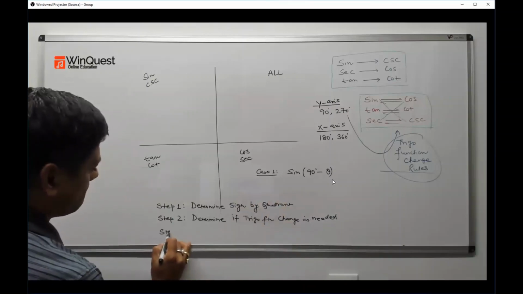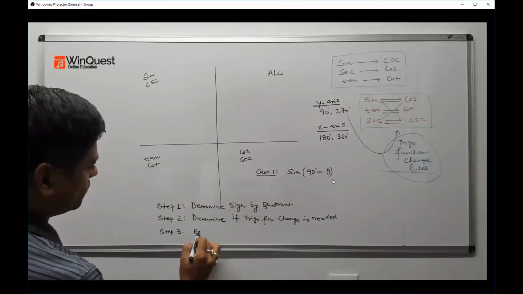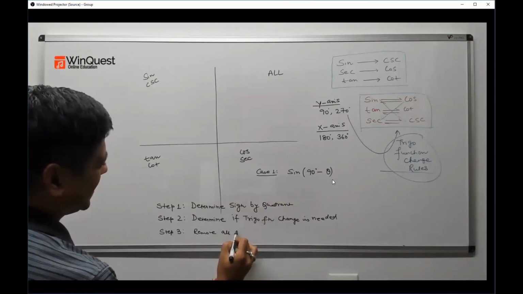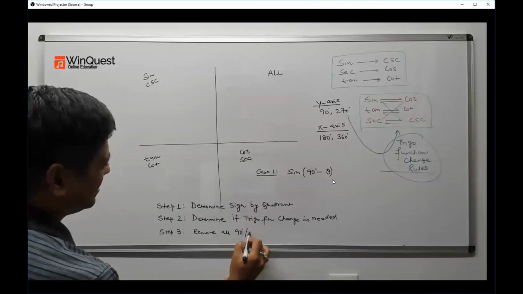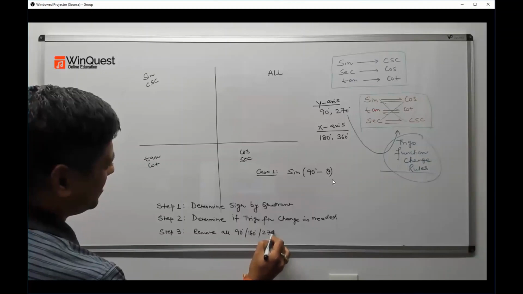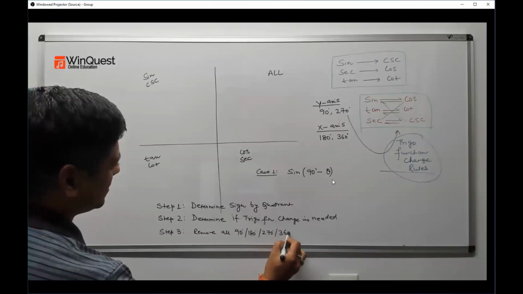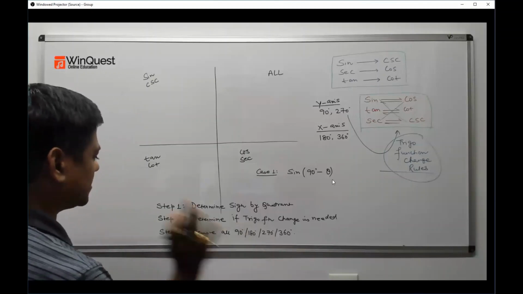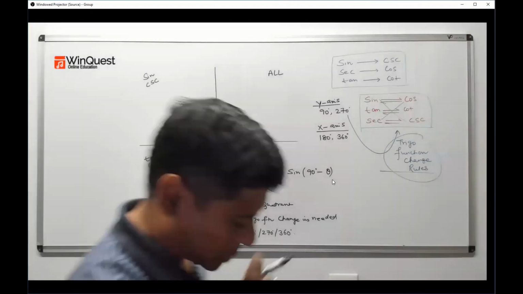Step 3. Remove all 90 degrees, 180 degrees, 270 degrees, 360 degrees. Okay. That's it. Only 3 steps.